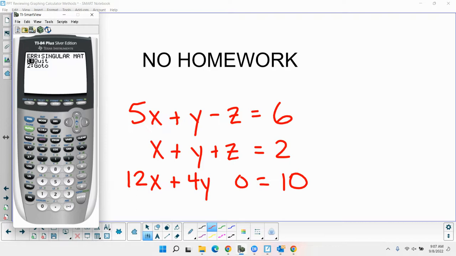Elena, I put 0 and I got a, you did? Okay. Go to your matrix. Did you make sure you had a negative 1 there? You had all 1s? And you had 12, 4, and 0. So that was all right. Okay, go to your B. What'd you have written? 6, 2, and 10. Okay.